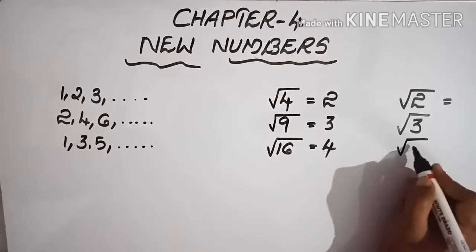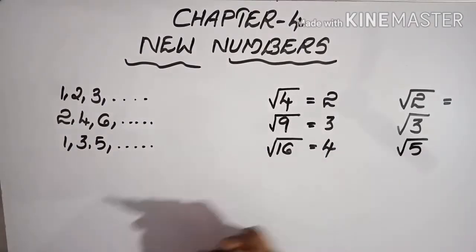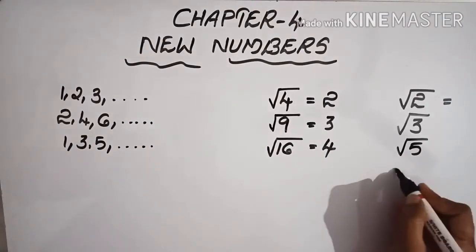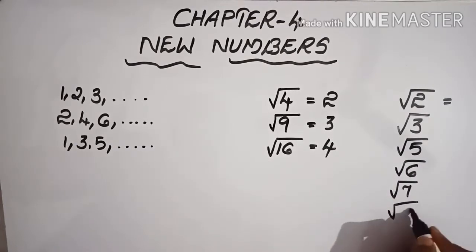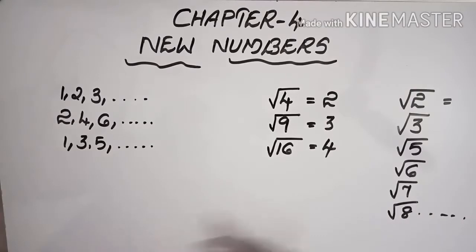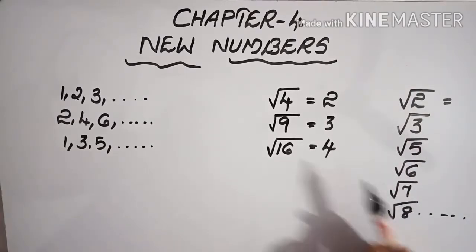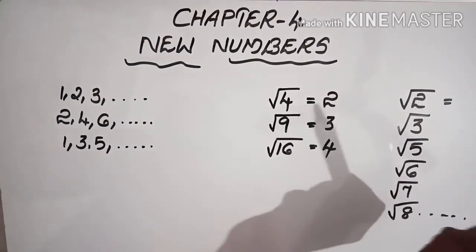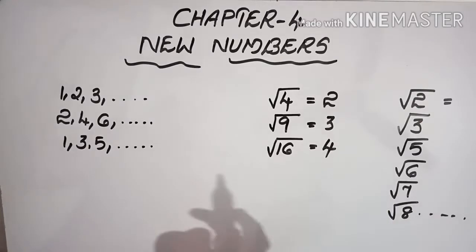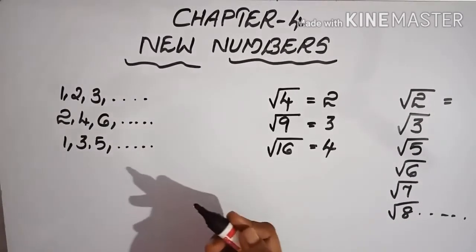Next is root 5, we don't know the exact value of root 5. Next root 6, then root 7, root 8, etc. These are the new numbers they mention here. For these numbers we do not have an exact value, only an approximate value is there.